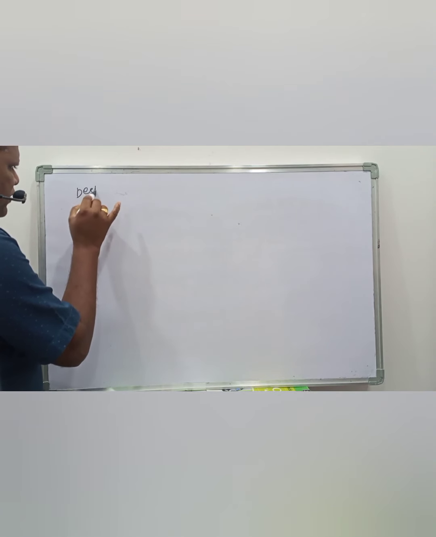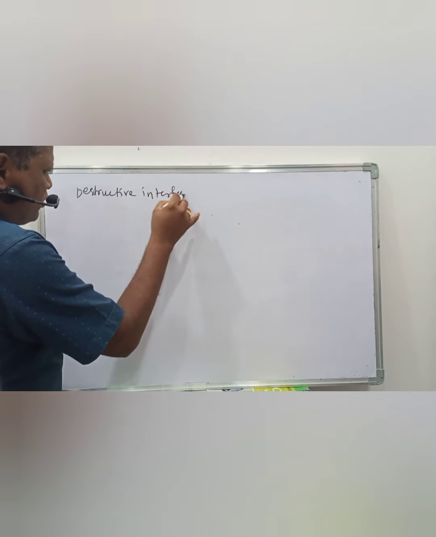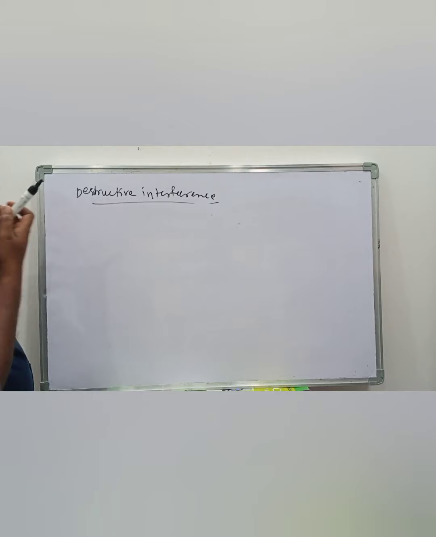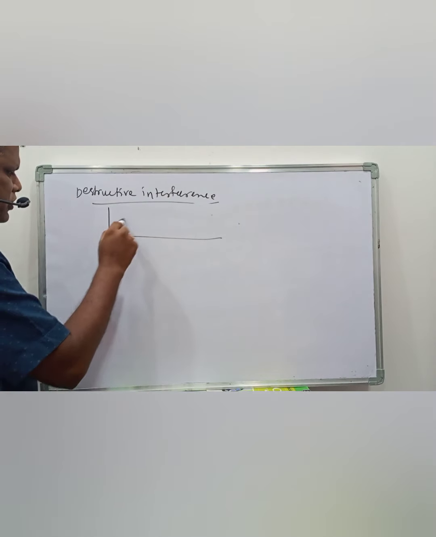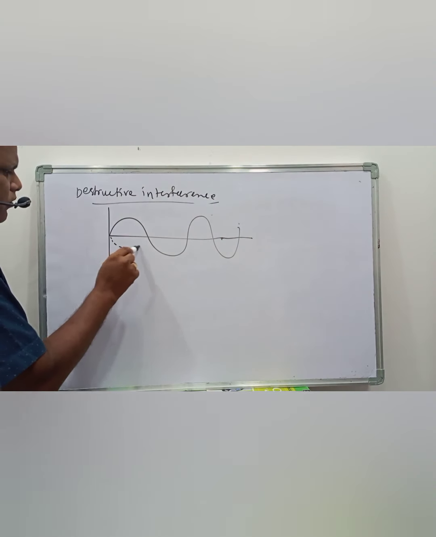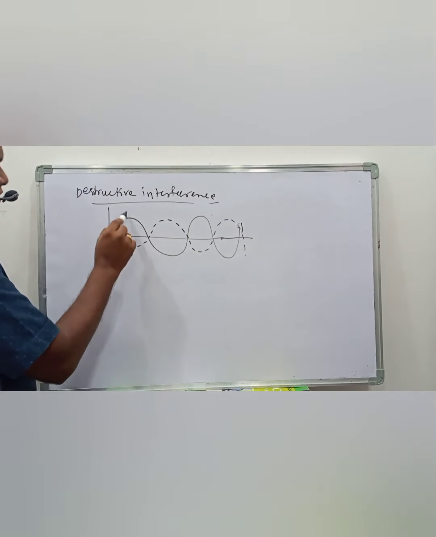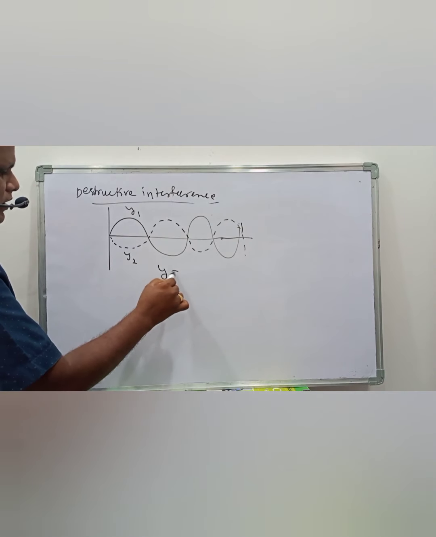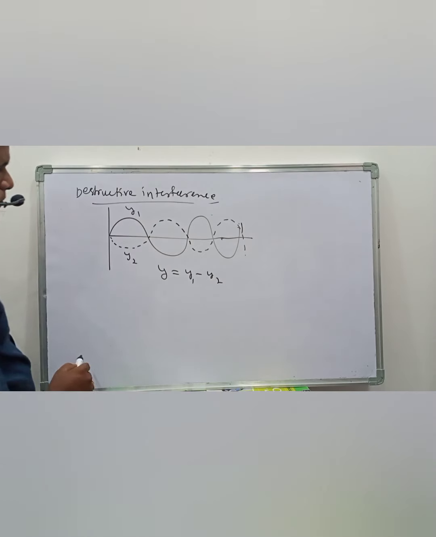Destructive interference pattern. When two waves are superimposed with a crest and trough, two waves are originating from the source. The crest of one wave is combining with the trough of the other. This is the displacement y1, this is y2, so the resultant displacement is y1 minus y2.